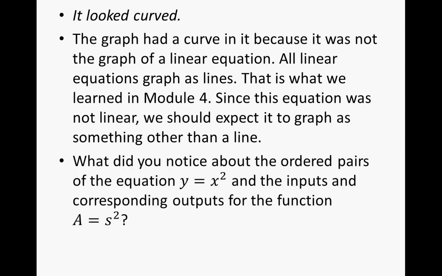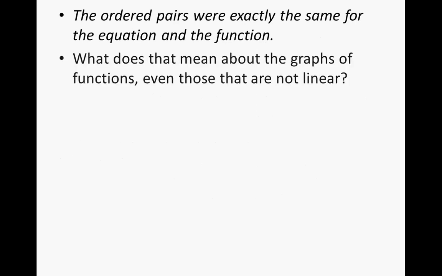What did you notice about the ordered pairs of the equation y equals x squared and the inputs and corresponding outputs for the function a equals s squared? Well, the ordered pairs were exactly the same for the equation and the function. So what does that mean about the graphs of functions, even those that are not linear?